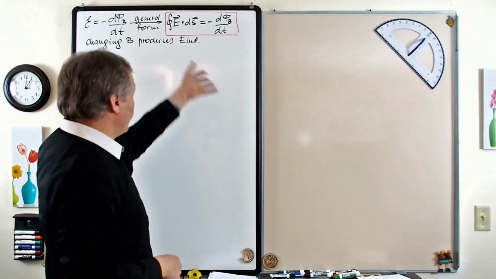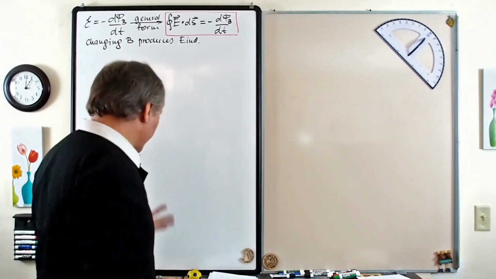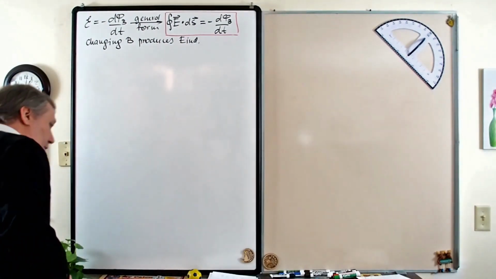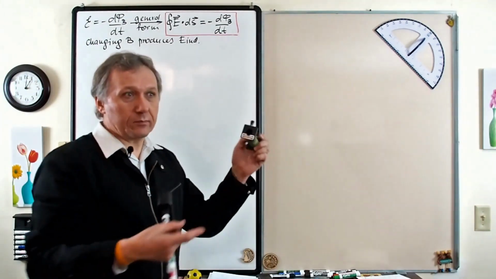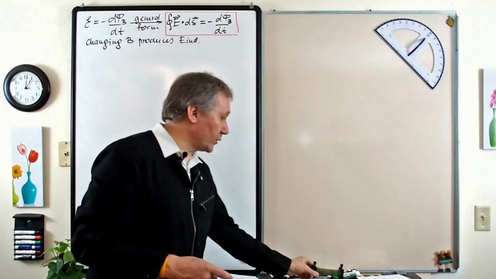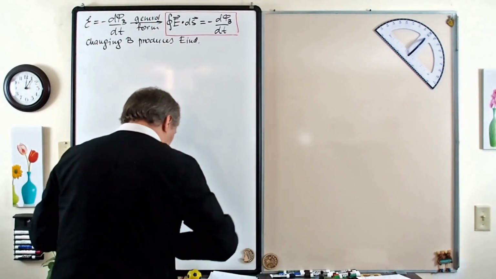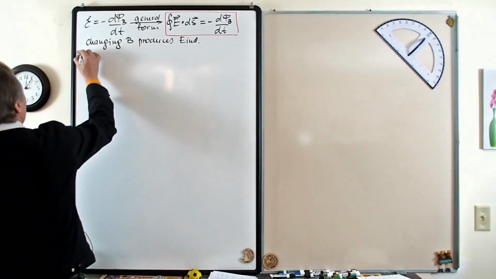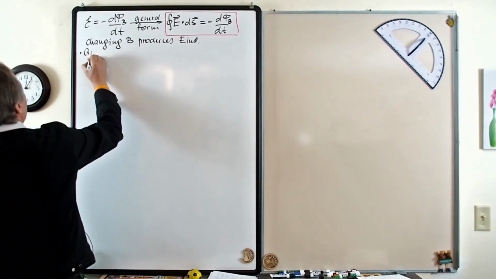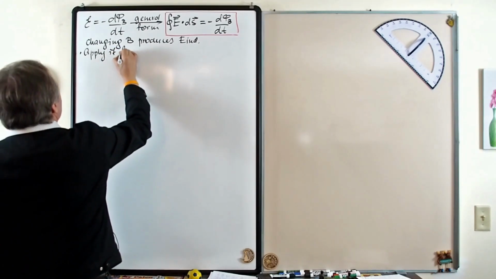Okay, and now let's apply it for a solenoid, because most of the time we use a solenoid to produce some uniform magnetic field. We've done this in our lecture. So I will write: apply it for a solenoid.